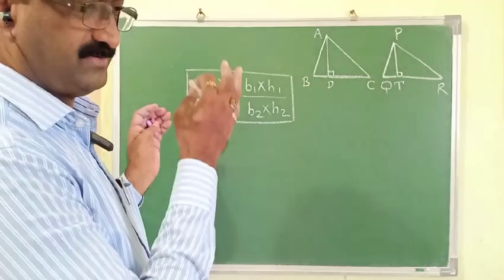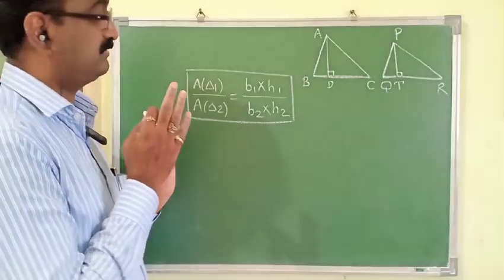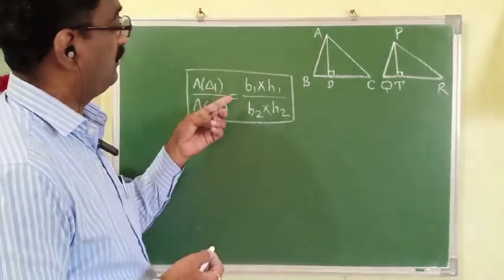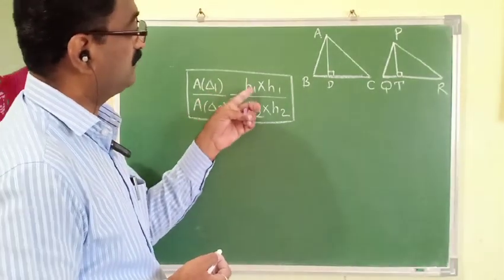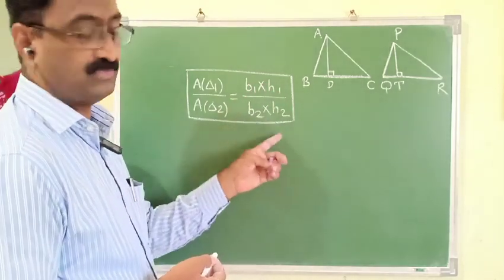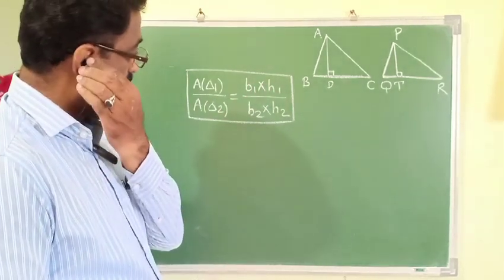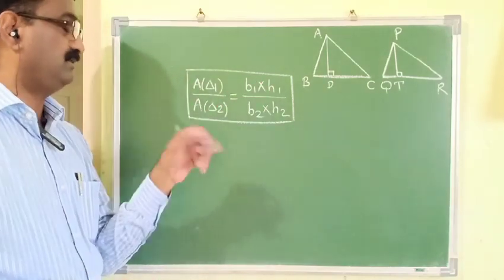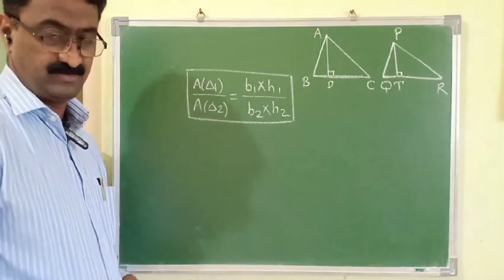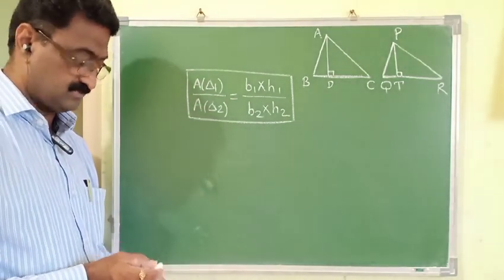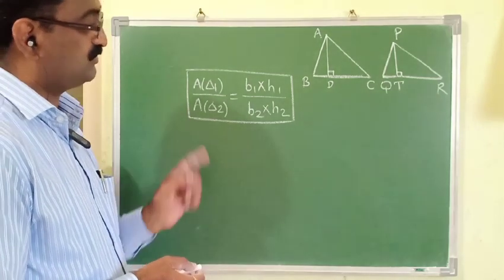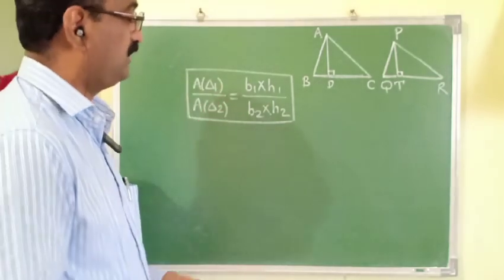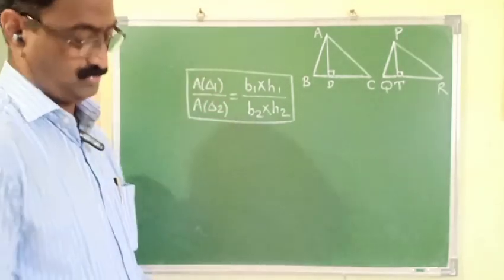So instead of writing that method, we can write this in this way also, where B1 and H1 are base and height of the first triangle, and B2 and H2 are base and height of the second triangle. Okay? So everybody got that? So write down this also. Area of triangle 1 upon area of triangle 2 is equal to B1 into H1 upon B2 into H2.